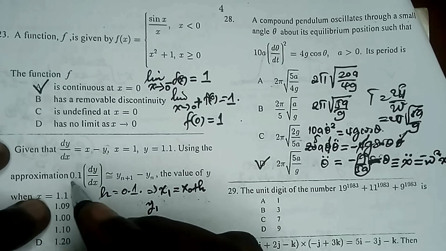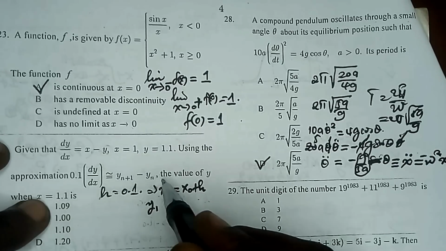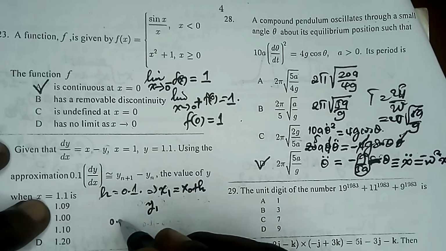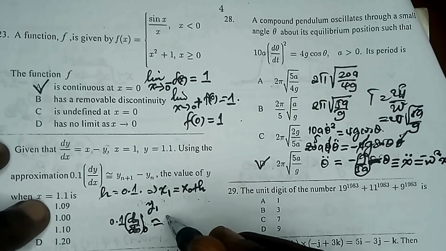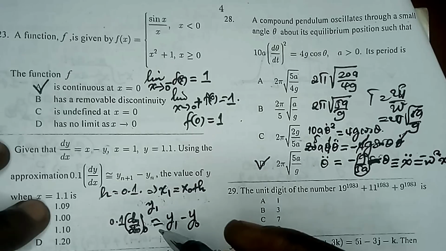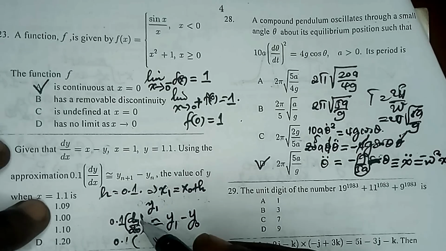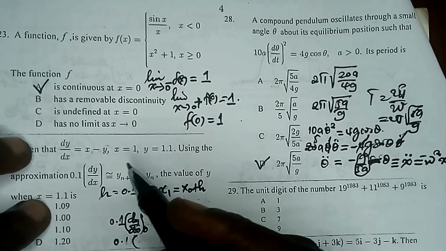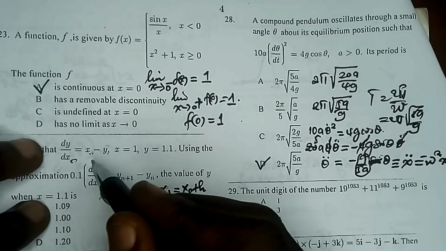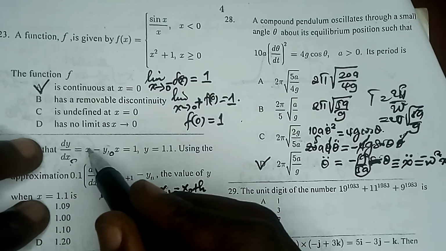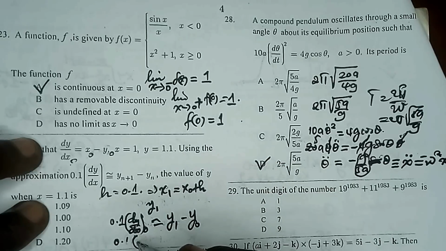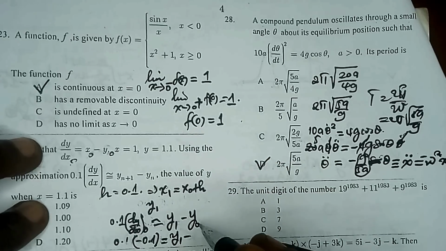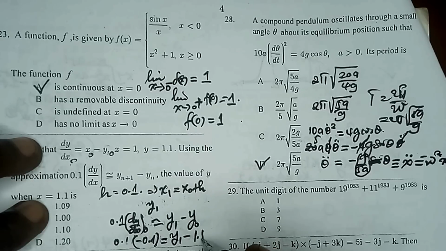To get y1, I replace every n in Euler's relationship by 0, so I get 0.1 dy dx naught approximately equal to y1 minus y naught. 0.1 into dy dx naught, which is actually here. dy dx naught will be x naught minus y naught. x naught minus y naught is 1 minus 1.1, which is negative 0.1, equals y1 minus y naught, which is 1.1.